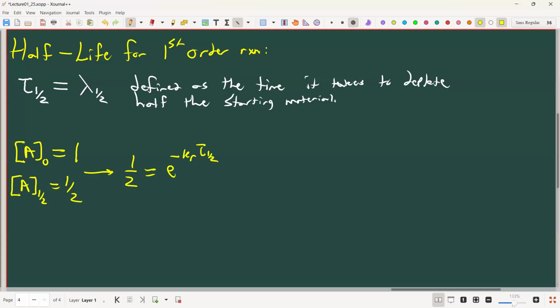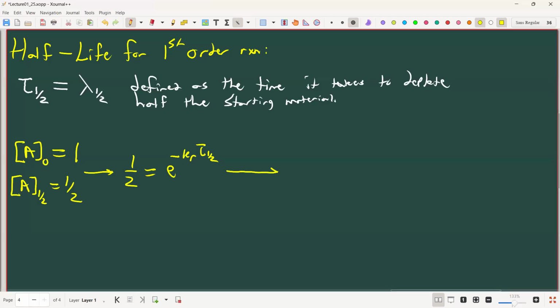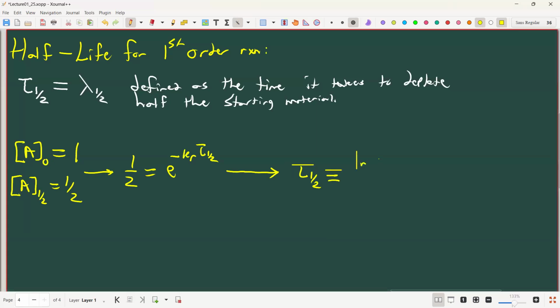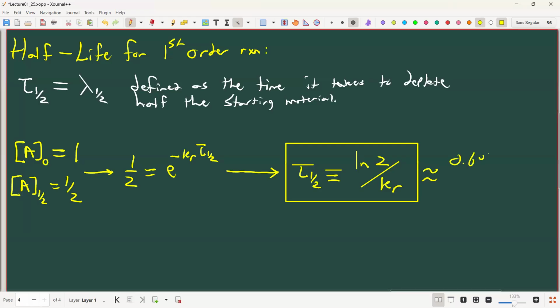That's a really easy equation to solve for. It says that tau 1/2, the half-life, is equal to log of 2 divided by the rate, which is roughly equal to 0.693 divided by the rate.